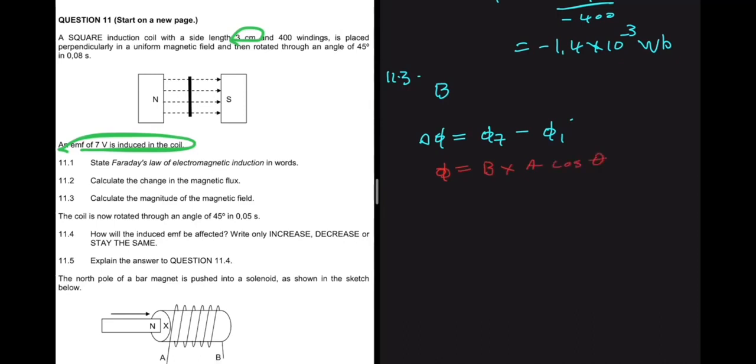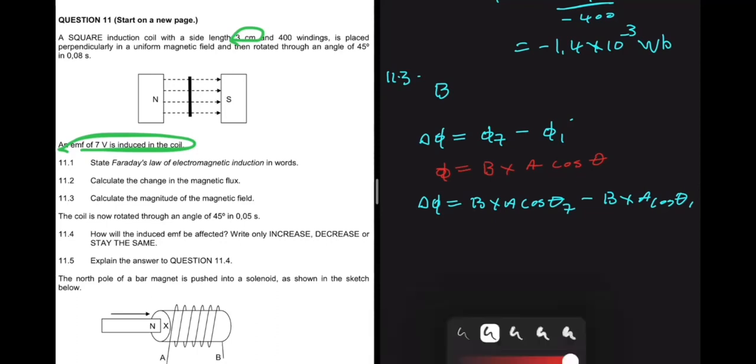So the change in the magnetic flux will be equal to B multiplied by the area and cos of theta final, minus B multiplied by the area and cos of theta initial, right? This concept is a bit confusing if you're doing it for the first few times, so you might want to take the video back or go watch other videos that I've done on the topic. But anyway, story in passing.